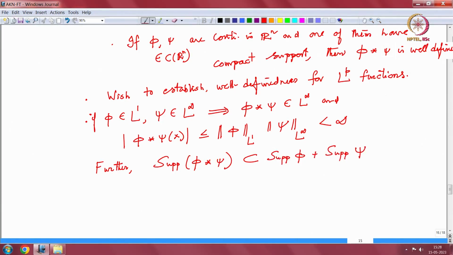I believe it is not a difficult thing, but still, to make you comfortable with the convolution product, I will leave it as an exercise.